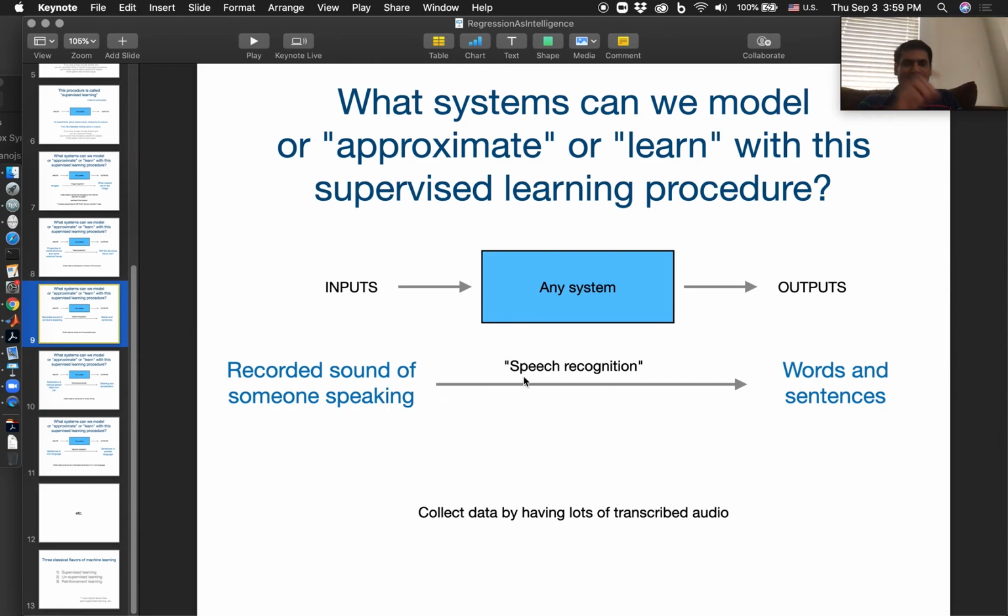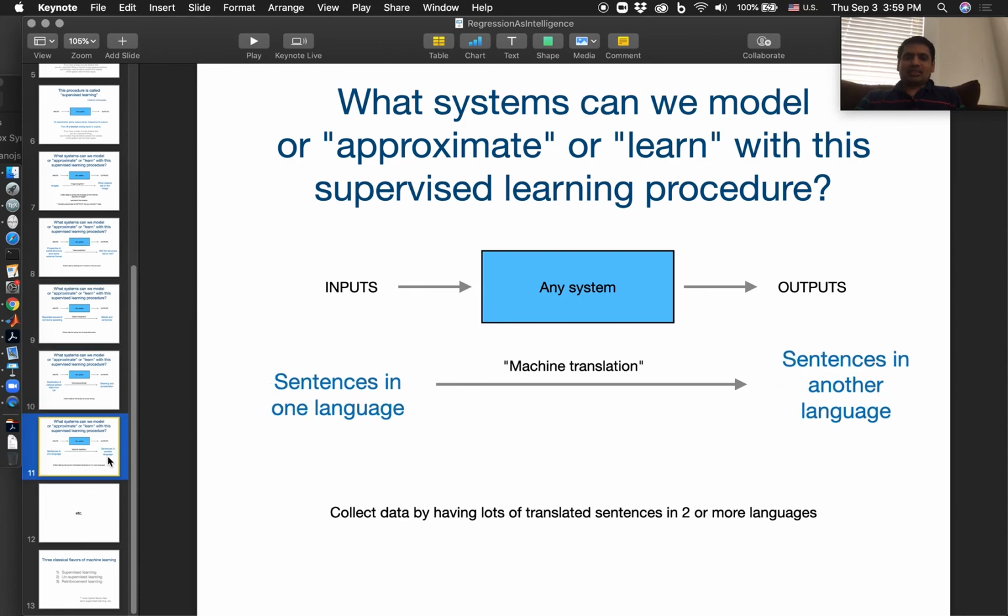So humans translate someone speaking to words and sentences, and you collect sufficiently many data sets of that flavor and then build a speech recognition program. And similarly, machine translation, again, some human translates lots and lots of sentences and then use that to build an automatic translator. So it's sort of borrowed intelligence from humans.